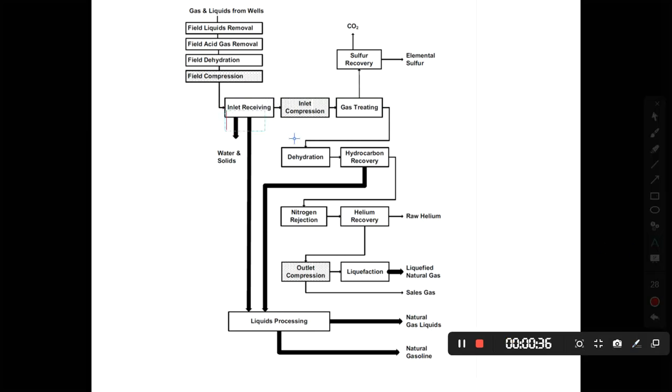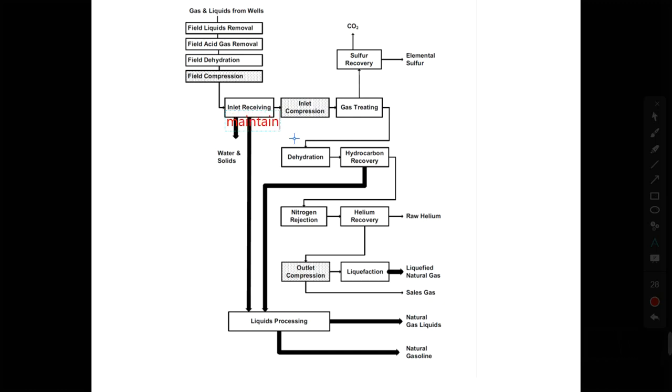We definitely look for any water, remove free water and solids in order to process it.